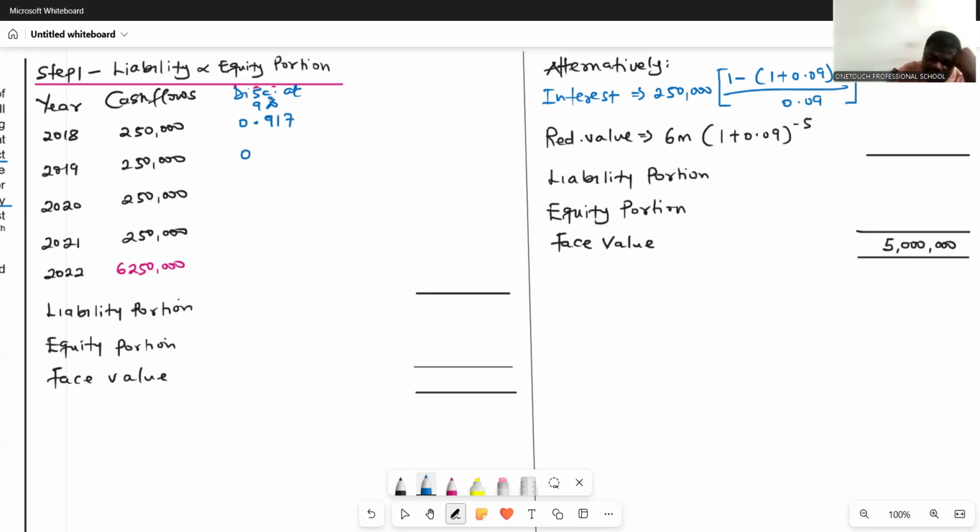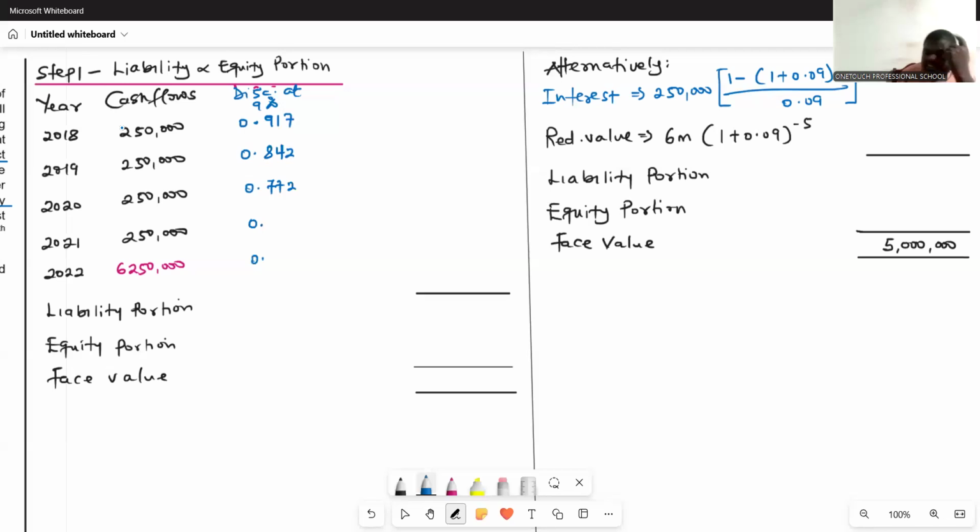And the next one, 0.842. The next one, 0.772.